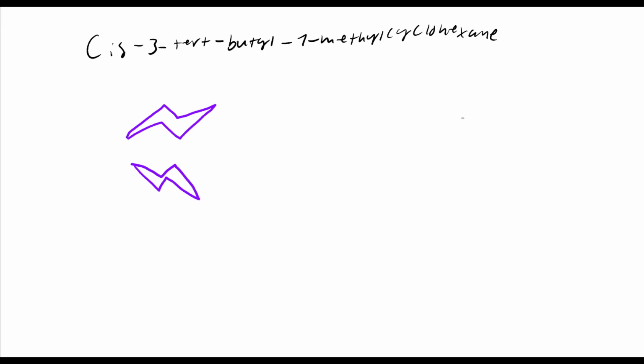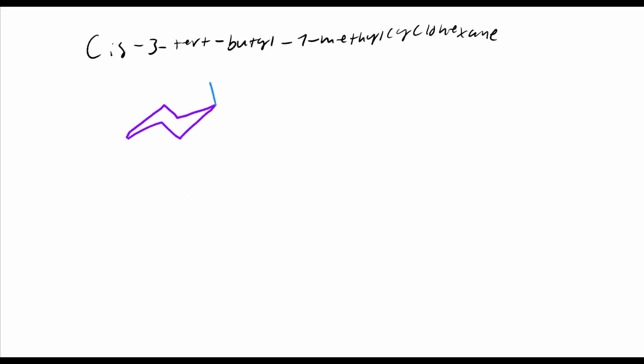So when it says cis, all it's asking for is for the substituents to be in the same direction. But what kind of direction are we dealing with? Well, you're dealing with up and down. So right here, let's do it in a different color. This would be upwards, and yeah, that would be upwards.